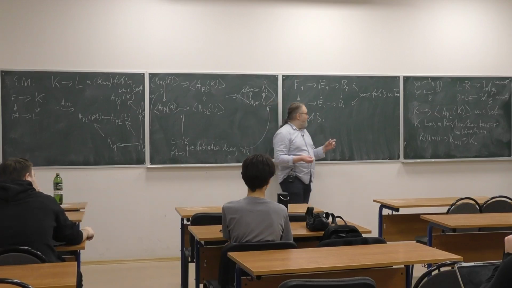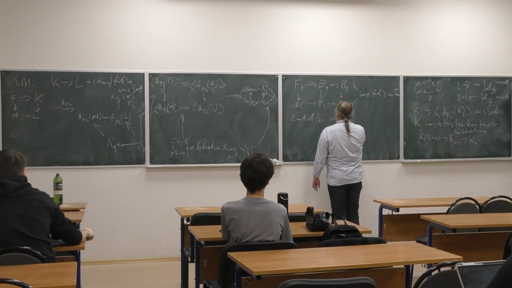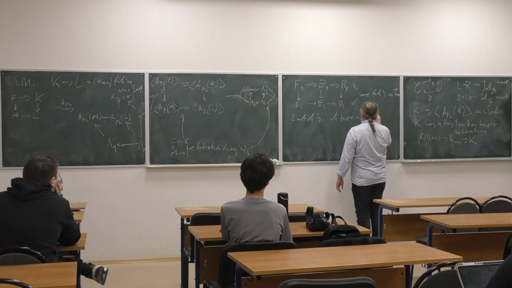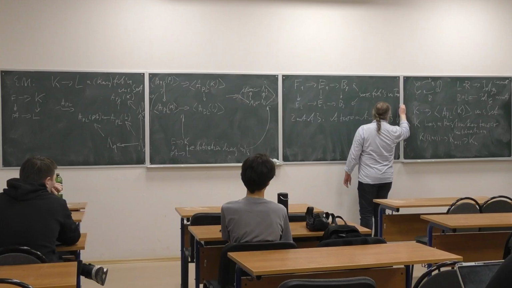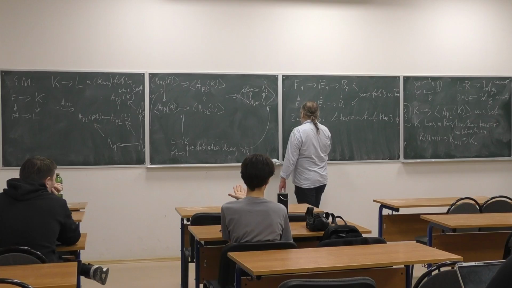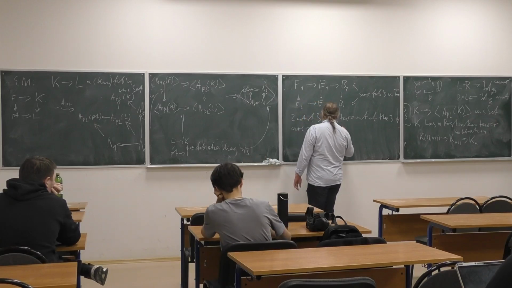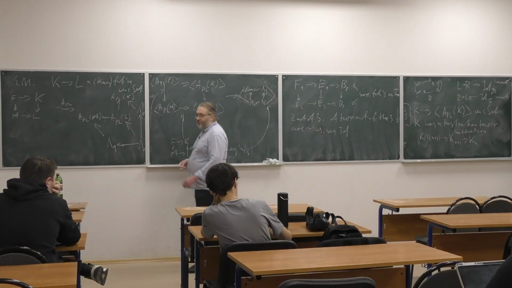Well, basically, what I want is, if 2 out of the 3 vertical arrows are equivalences, so is the third one.